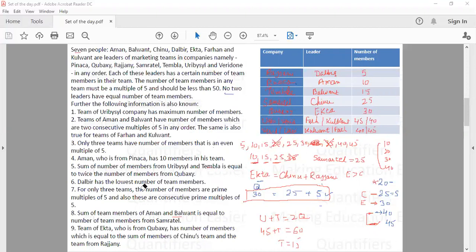Otherwise, the rest of the information is not sufficient to solve this one. Now, let us move on to the questions.